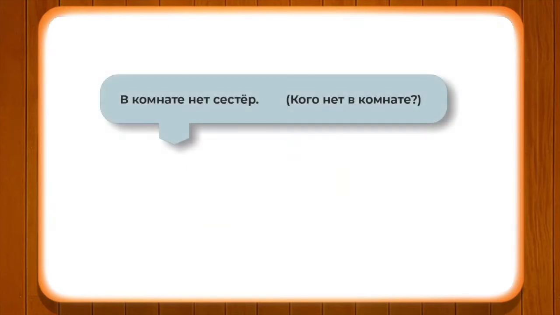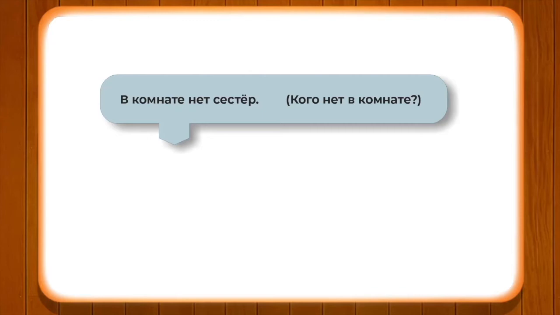В комнате нет сестер. Сестра, we very well know, belongs to the animate. So the plural of сестра is сестры in nominative, but in this case it would be кого нет, нет сестер. So кого нет в комнате? Сестер нет в комнате.